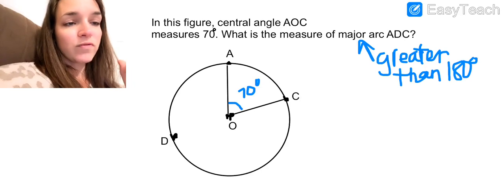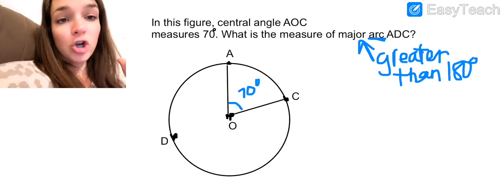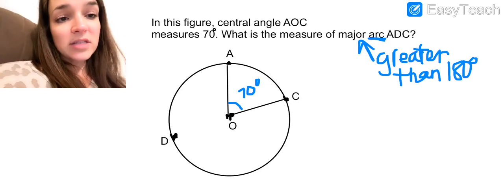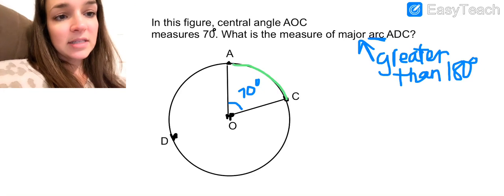All right, so to find the measure of an arc, an arc in degrees is just going to be whatever the central angle is. So it's the same as the central angle. So in this one, we know that the minor arc is going to be the same as the central angle. So the minor arc is 70.